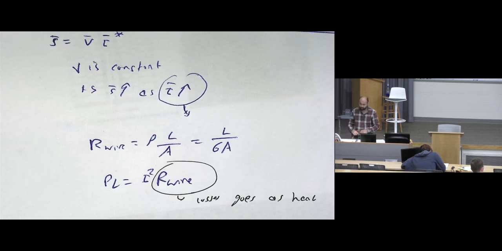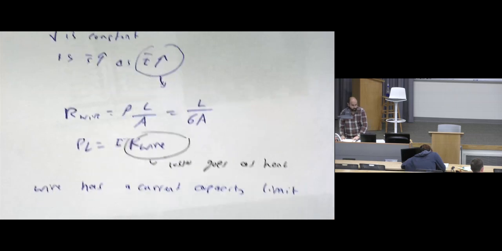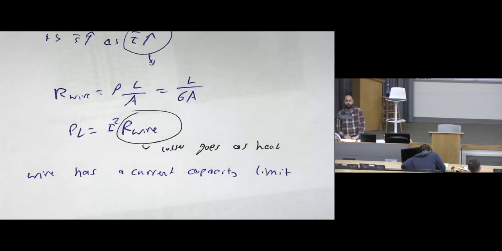So this means that every wire has its current capacity, a current capacity limit. Why?